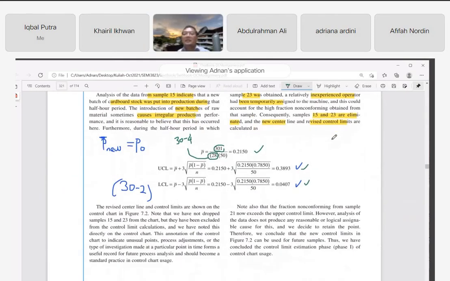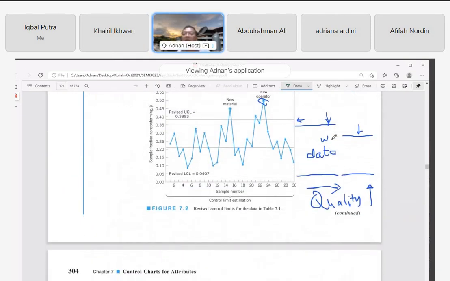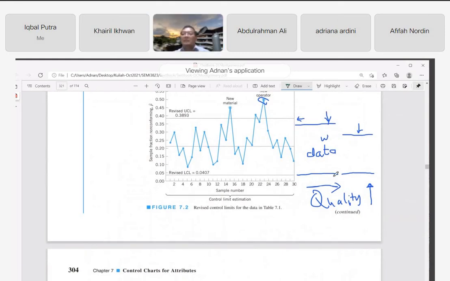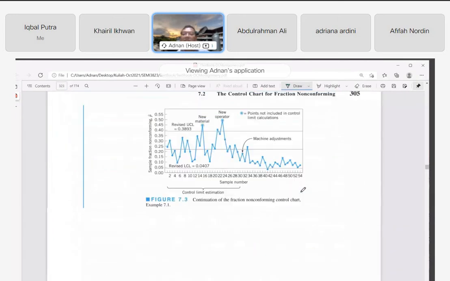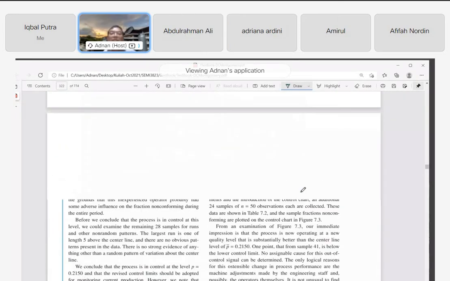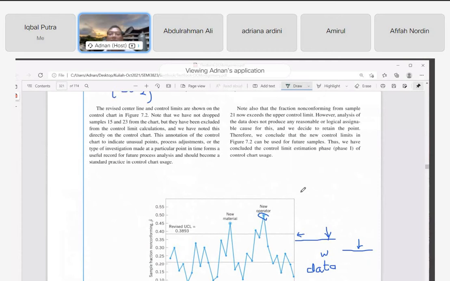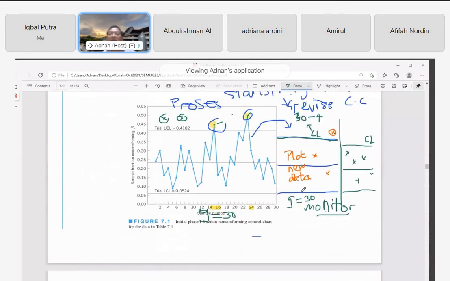Okay, is it clear? Clear, Doctor. But whenever you want to use the new control limit, you still have to collect 30. Then you find a few points outside.